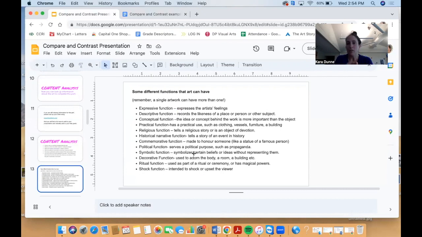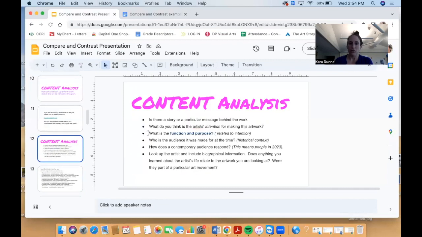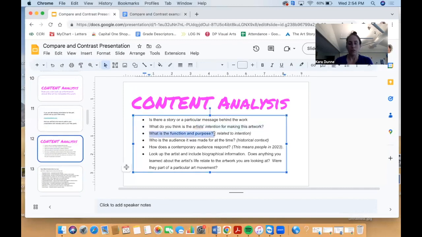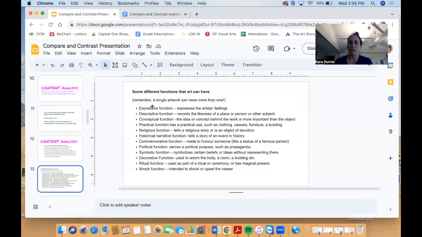It's still a cup, but it has a symbolic function as well as a practical function. So these are all different functions that you can and should add on to your answer of what is the function and purpose. Because if you are confused about that, this will help you a little bit more. So that's why this slide is in there for you, for your information.